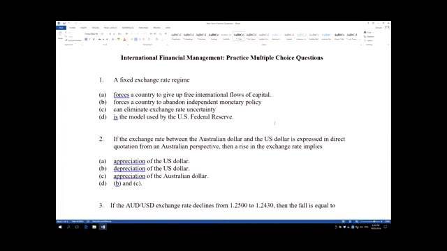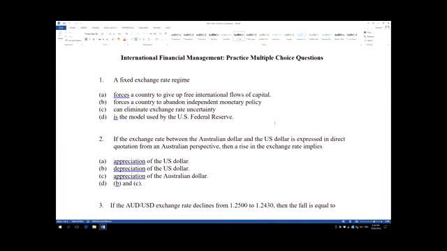Yep, so if it's gone up by 70, so 0.070, we'd say that's gone up by 70 points. Yes? Okay.